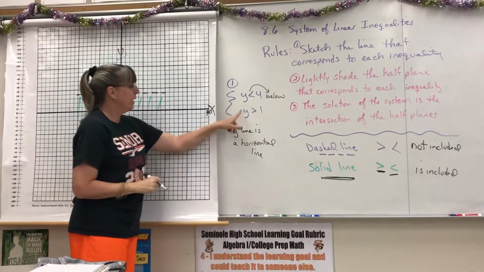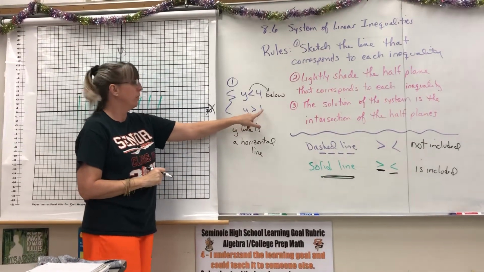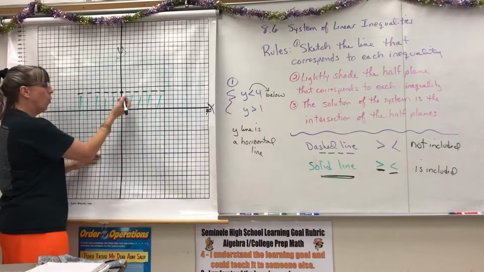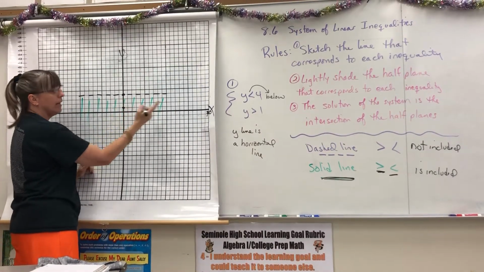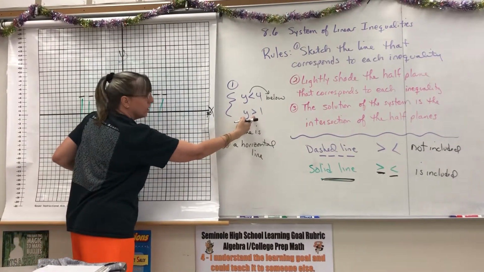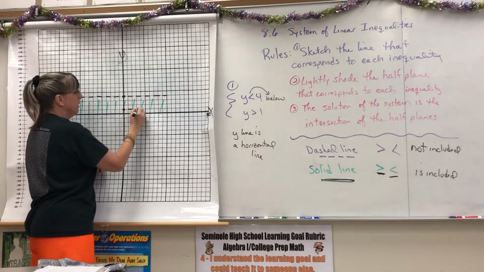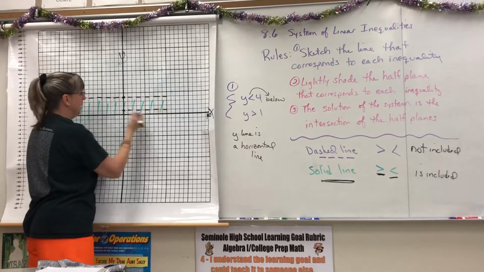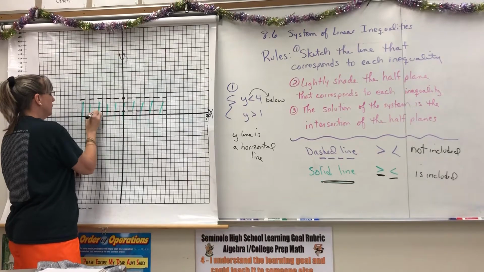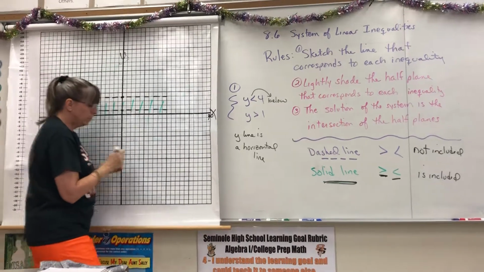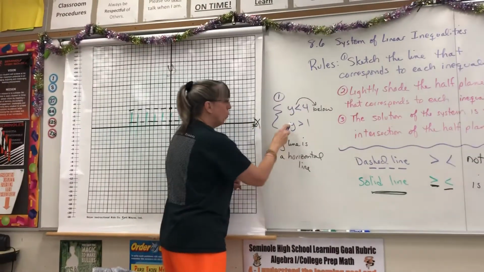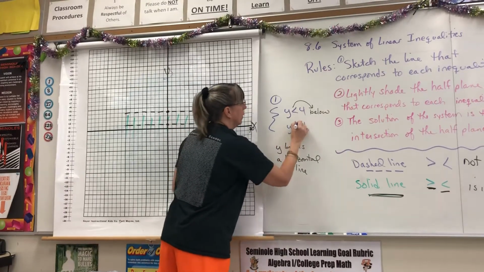Okay? Then I have Y is greater than 1. So I'm going to go where Y is 1, and it is also not included. So it is going to be another dashed or dotted line. And this time, Y is greater.